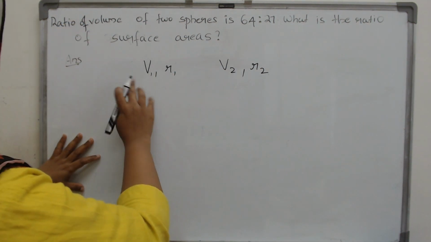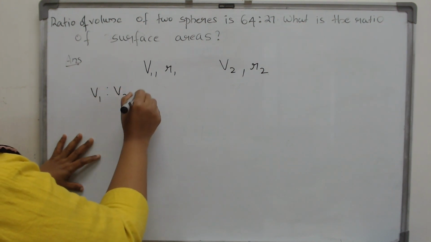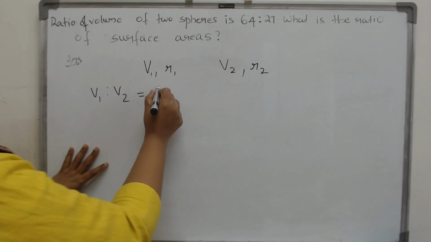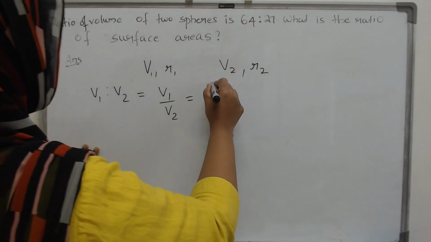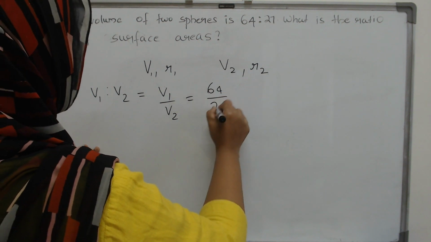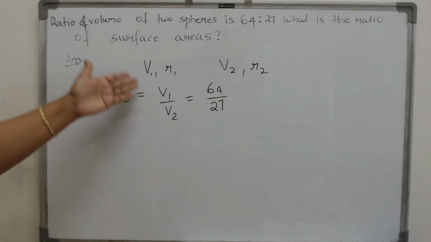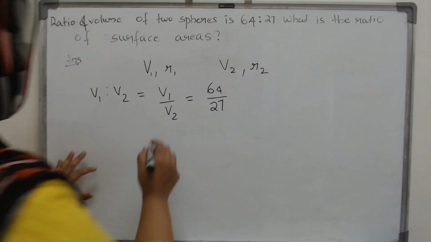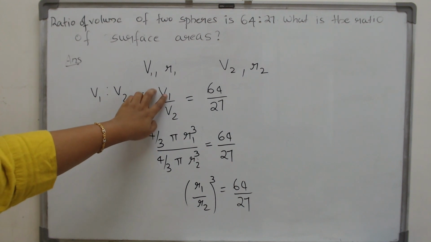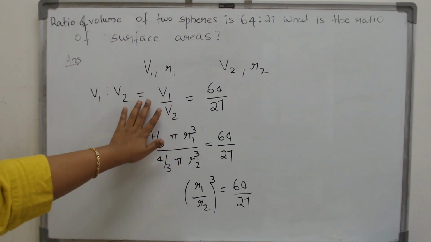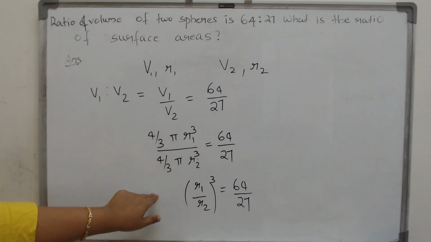That means randomly I will take V1 and V2. So the ratio is given. Instead of writing it in the ratio form, I will write it in the fraction form. And what is given? Their ratio is 64 by 27. Then what is the volume of V1 and V2? Let us substitute the values and see. There, when you substitute the values, remember with V1 R1 comes, with V2 R2 comes, and all of this are going to get cancelled.